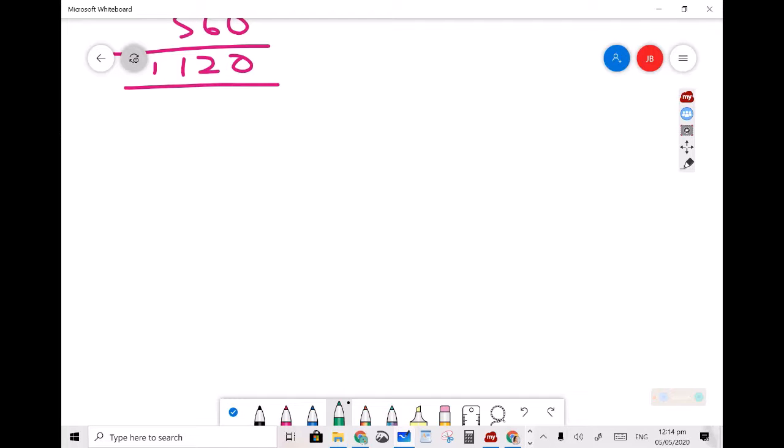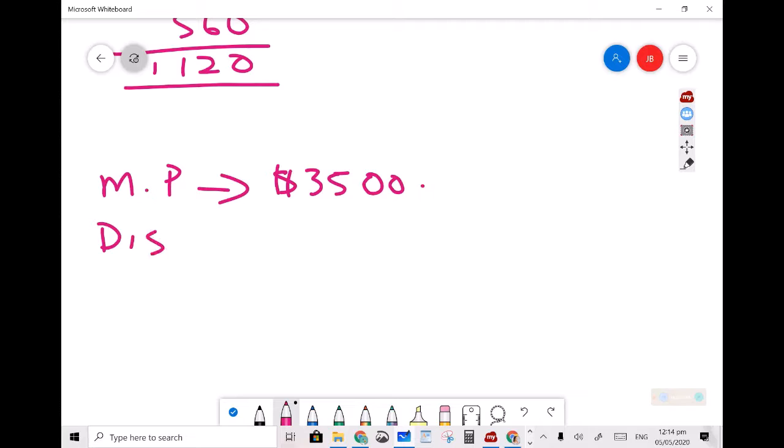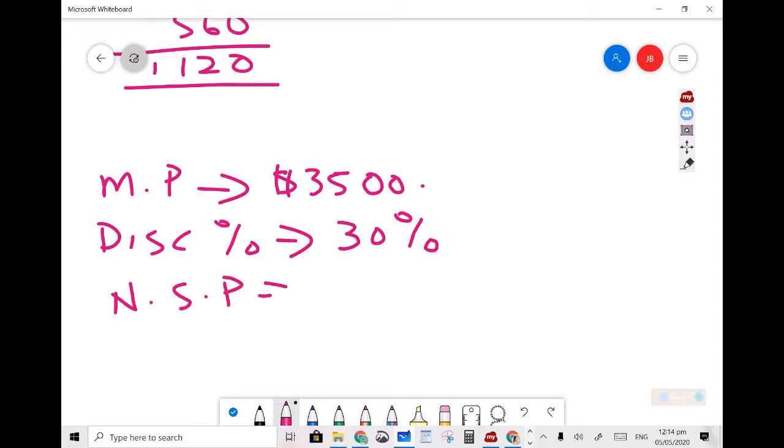Now I want to show you one other alternative to calculating new selling price. I would show you this question both ways. So if we have a marked price of $3,500 and we have a discount percent of 30%, and we have to calculate new selling price.